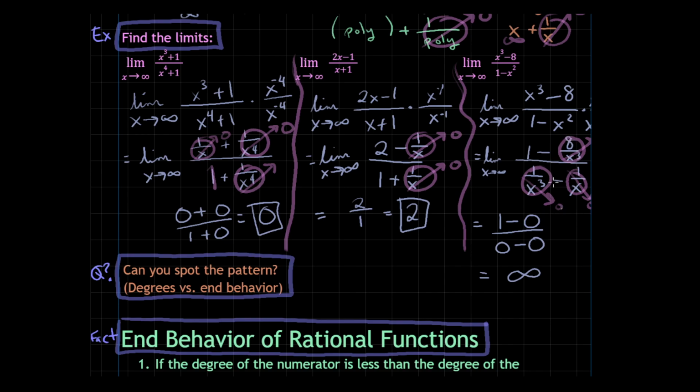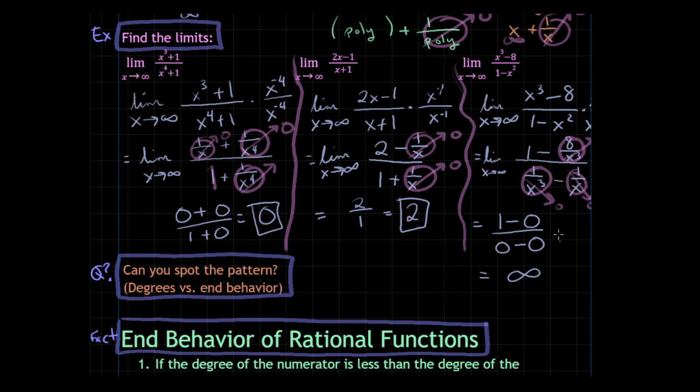But look at the denominator. 1 over x to the third compared to 1 over x. When x is a large positive number, this term, the 1 over x to the third, is way smaller than 1 over x. So these are two very small positive numbers, but this one is bigger.